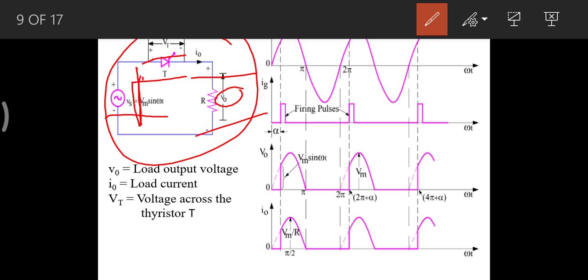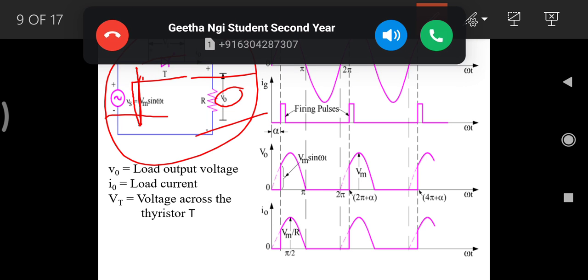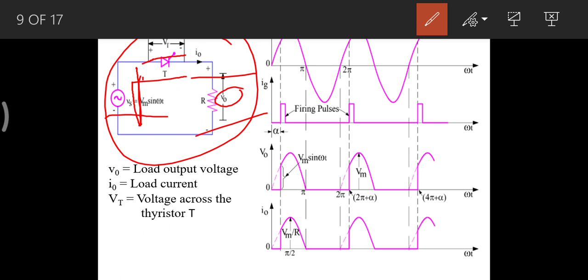Let us see the waveforms for a better understanding of the operation of this half wave rectifier. Figure 1 is the input voltage, that means the sine wave. The second wave is called the gate pulse or triggering pulse or firing pulse. When the pulse is applied to the SCR, see how the output is expressed in the waveform.